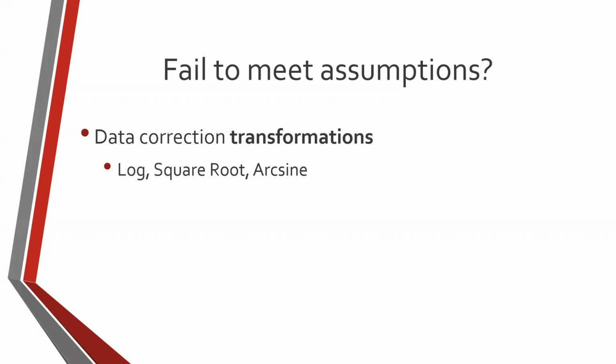And so that follows a Poisson distribution. The square root can get things back closer to the bell shape. And then the last one is the arcsine square root percent transformation. Those are great for percentage assessments that tend to be a binomial distribution.